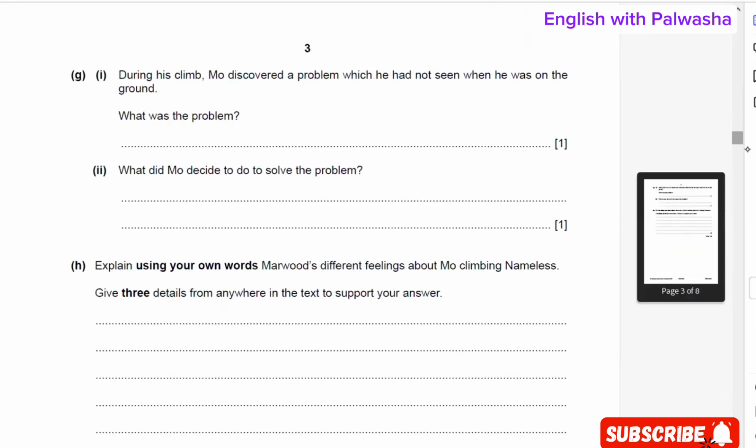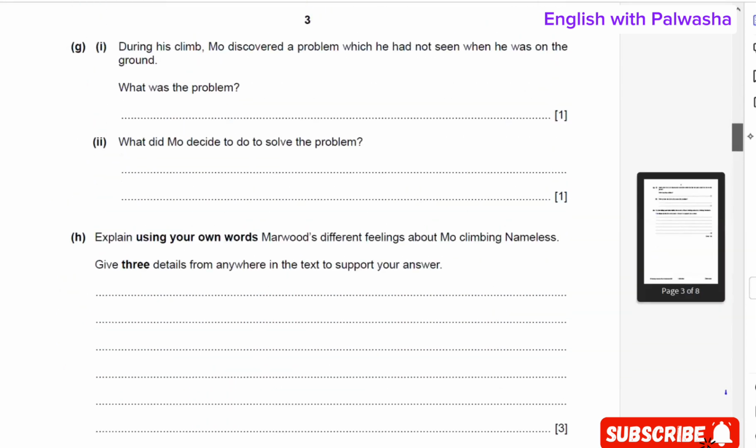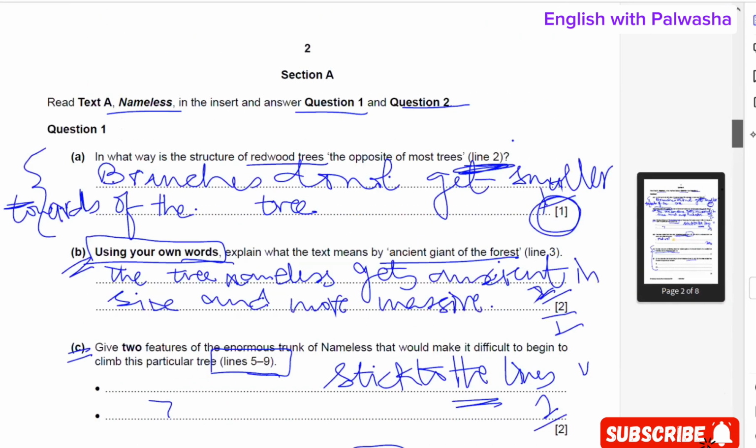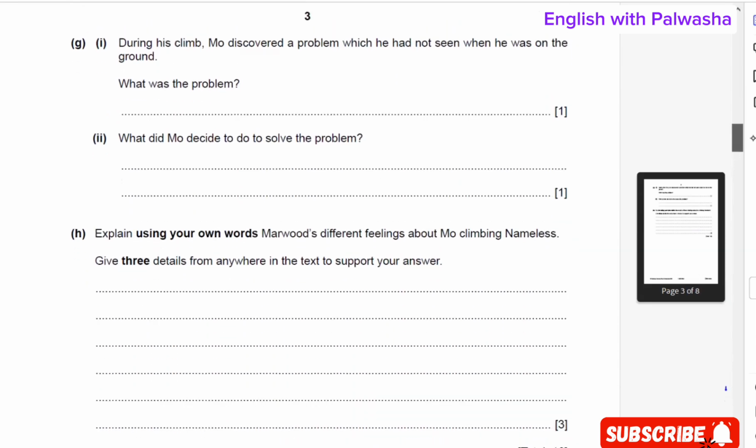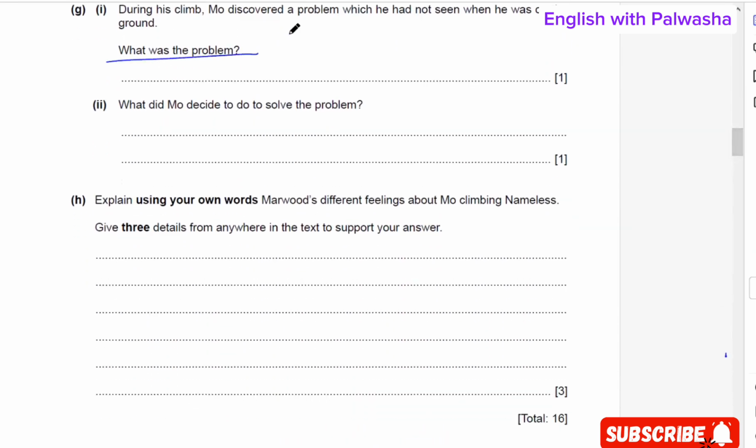So you are quite familiar, but in this comprehension you need to transform a little bit into your own words. Please, whatever they are asking, stick to that. What was the problem? Just explain the problem, don't go into detail. What did Mo decide to do? Solve the problem? Only mention the solution, what he did. When they ask you to use your own words, then only take the major things from the text.